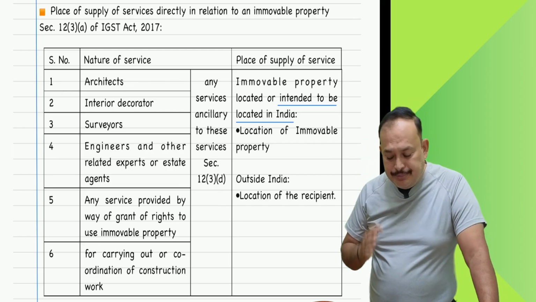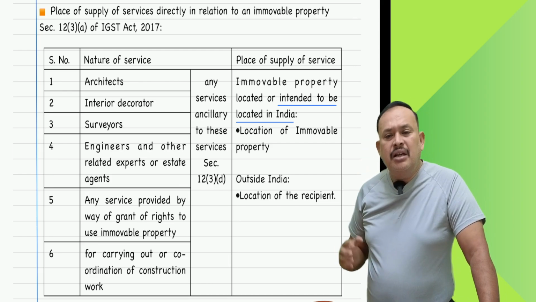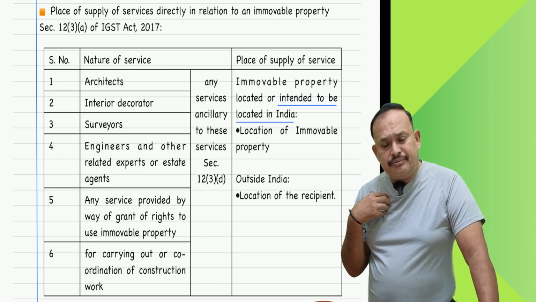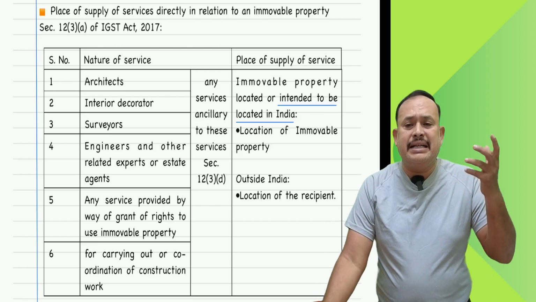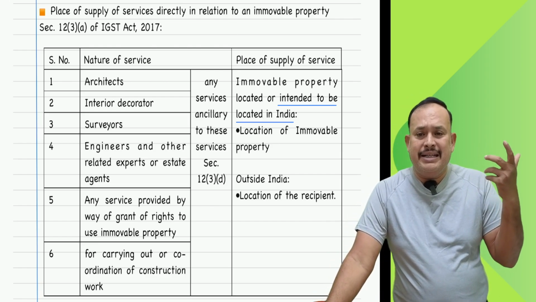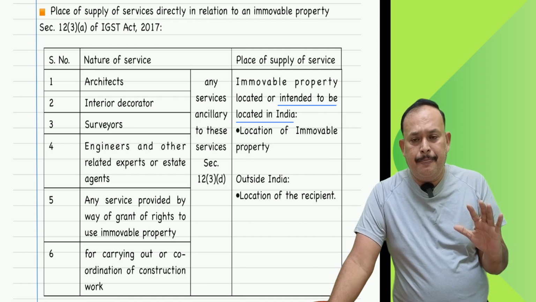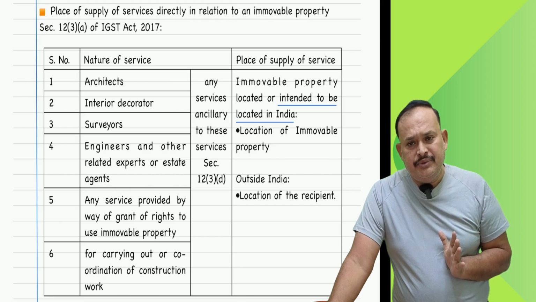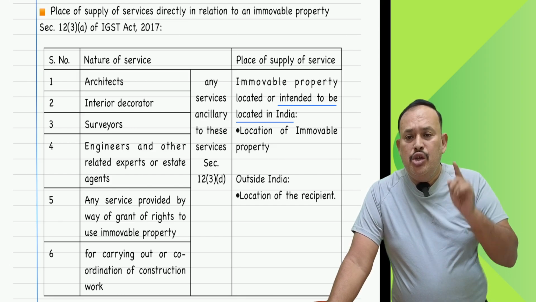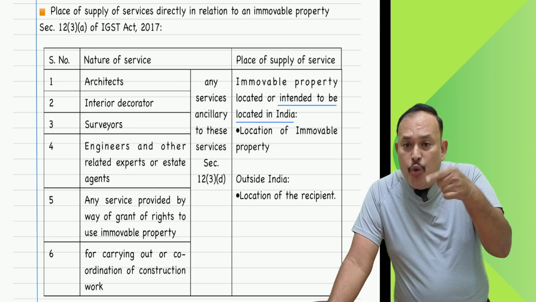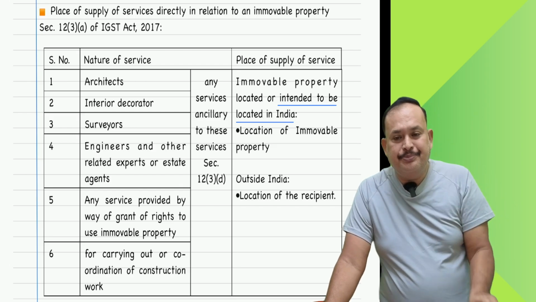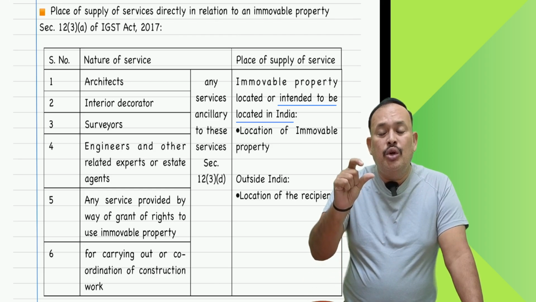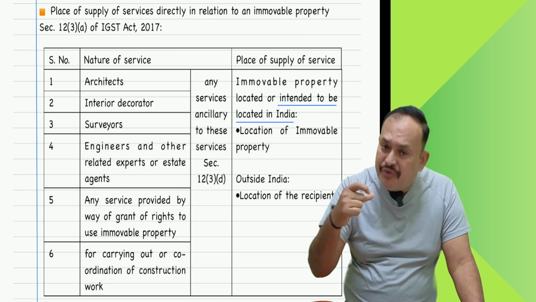One example. I am Mr. C of Chennai, an architect. You are M of Mumbai. You purchase a new property in Singapore, for which you want architect services from me.